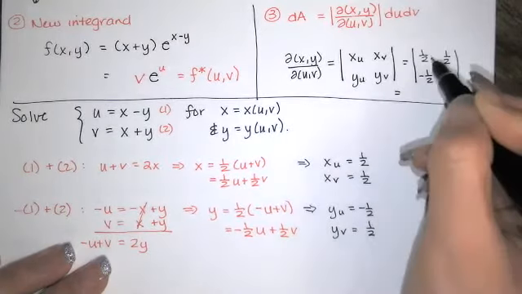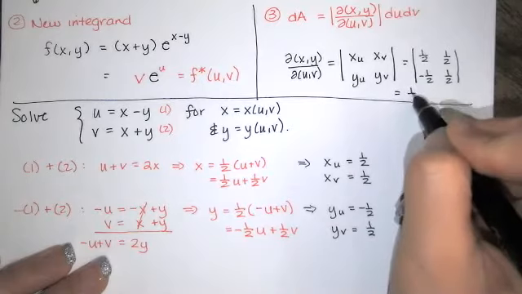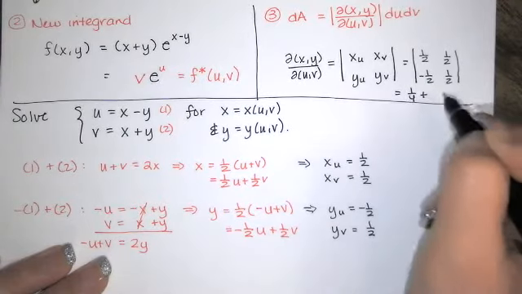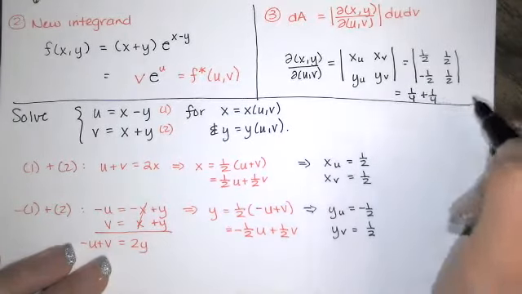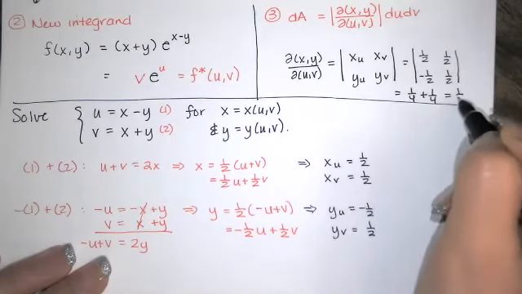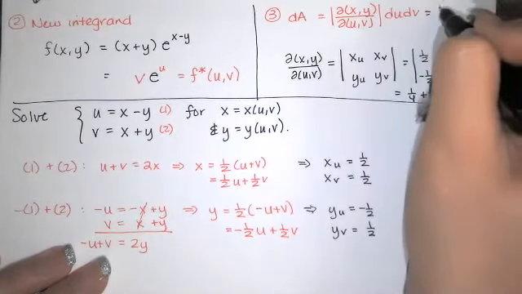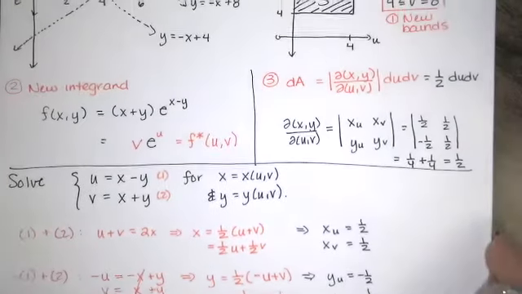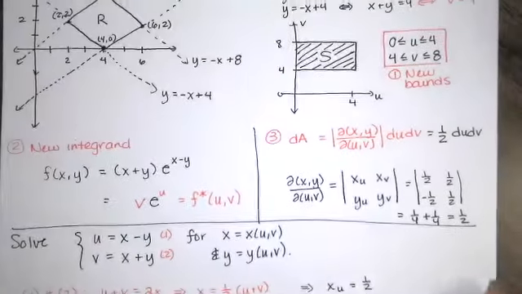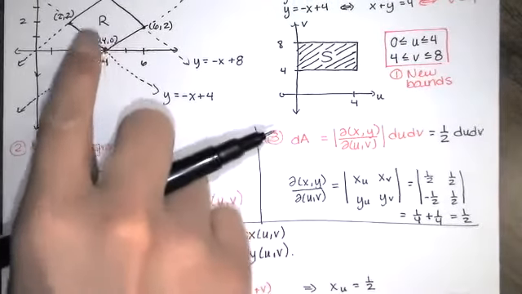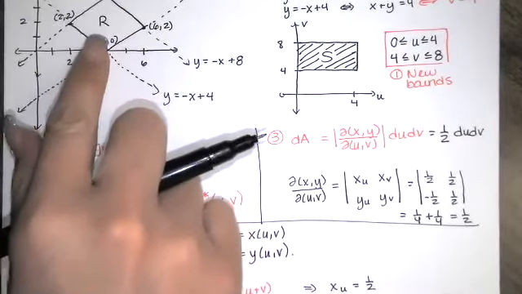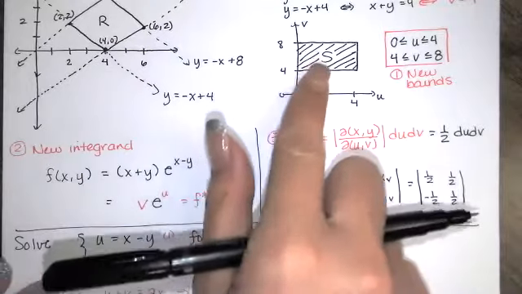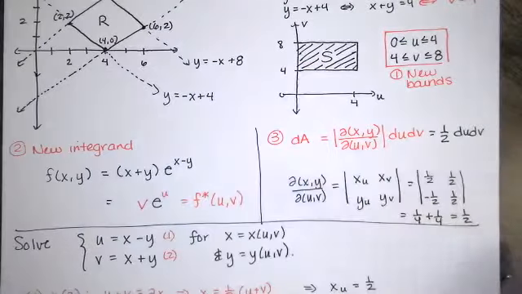And then we evaluate. So we're going to have 1/4 minus a negative, that's going to be +1/4. 1/4 plus 1/4 is 2/4, which is 1/2. So this becomes 1/2 times du dv. That's our area piece. Turns out the dx dy over here is equal to 1/2 of du dv over here.